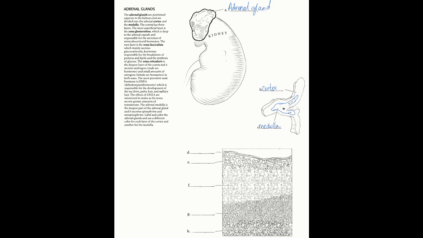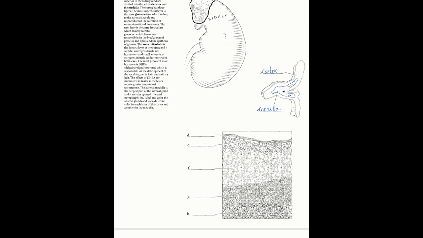And if we move down to the bottom here, we have this histology portion. I'm going to work our way up. If we start with the center of the medulla, we then have 3 layers that make up the cortex, each of which have their own functions.